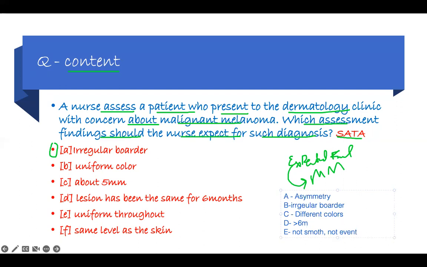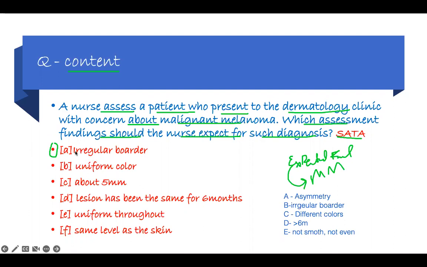It's not even across. Some areas are bumpy, and some areas are flat. So this is the key for melanoma, basically. A, B, C, D, E. It's so simple to remember. Anytime they give you melanoma, it should satisfy this requirement.